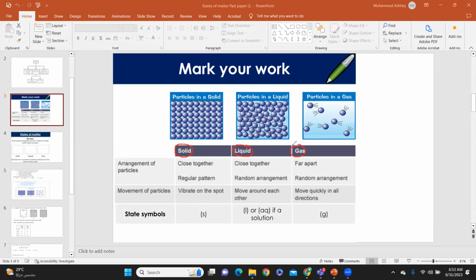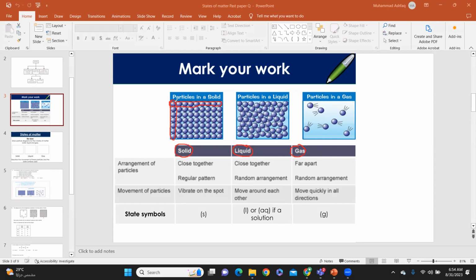The very clear and visible thing is that you can observe the particles and how they are attached with one another. You can see here, when your matter is in the solid state, how particles combine with each other.